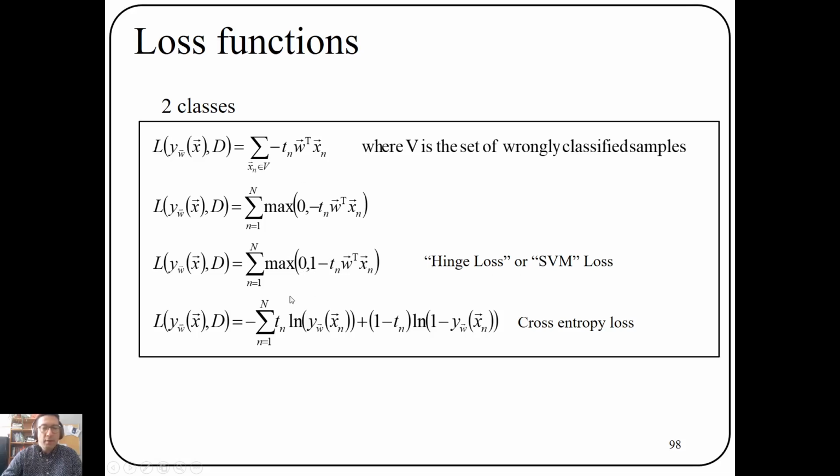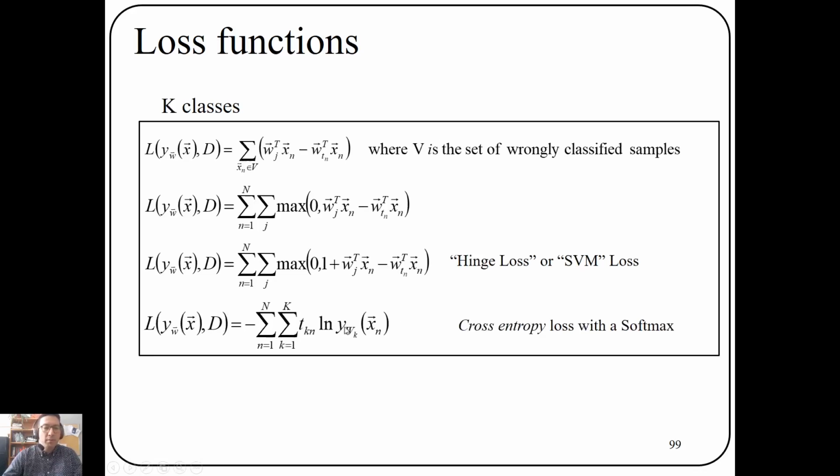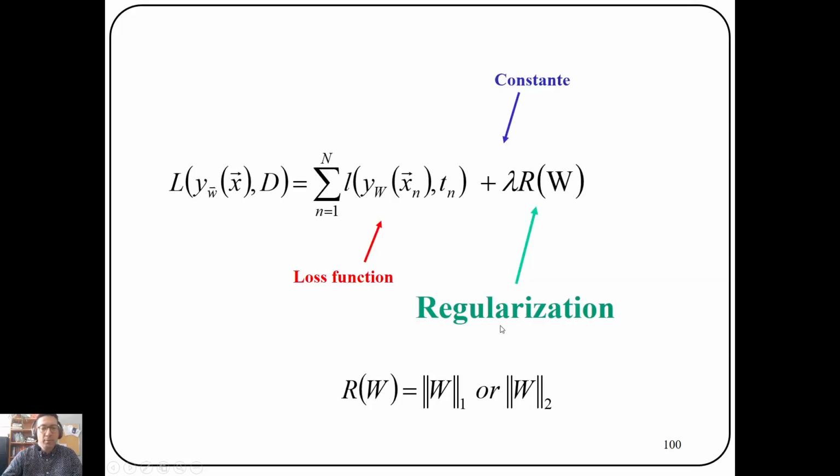And if you have a logistic regression, then you would use a cross-entropy loss, which involves the logarithm of the output of your system. In the case of k classes, it pretty much is the same idea. You have the multi-class perceptron criterion. If you add the 1, that becomes an SVM loss or hinge loss, and still you have the log of the output for the cross-entropy.